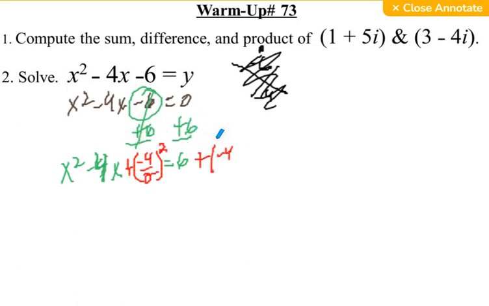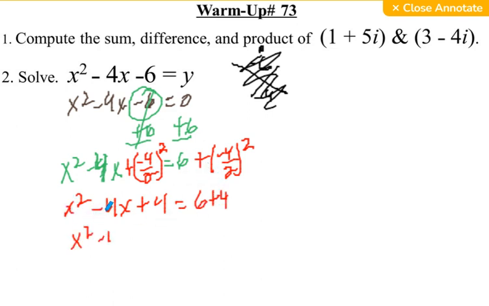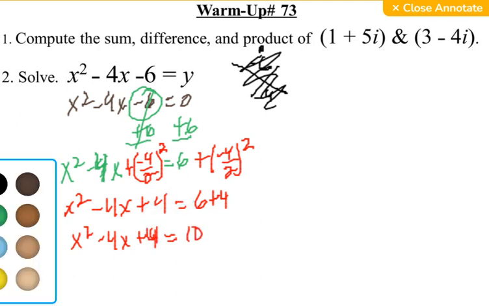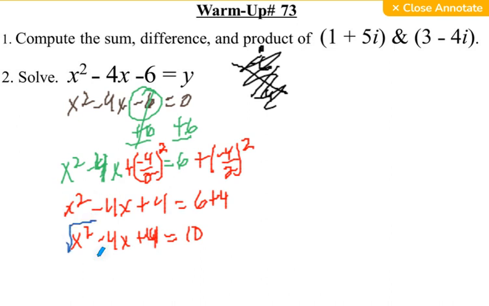Add negative 4 over 2 squared. So we end up with x squared minus 4x plus 4 equals 6 plus 4, which is x squared minus 4x plus 4 equals 10. Now we can factor the left side. Square root of the first, square root of the last, sign of the middle, squared, equal to 10.